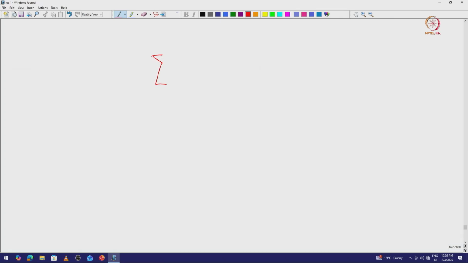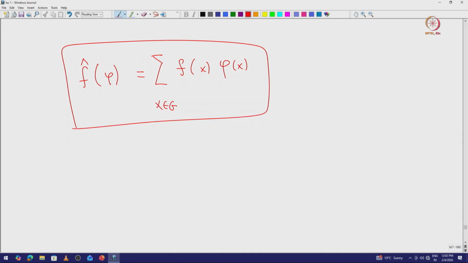So, we want to write summation f of x phi of x, x in G. So, basically my f hat of phi should be recording something like this. But where this f hat will lie, that is the question, if we use this same definition. So, note that phi is a representation from G to, let us say, GL(V phi). Okay.